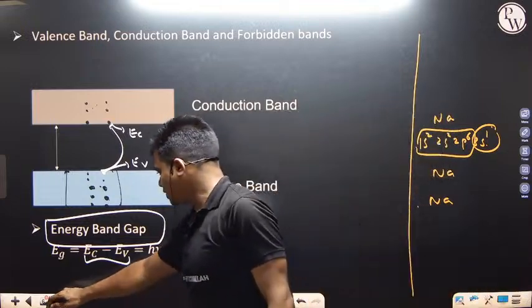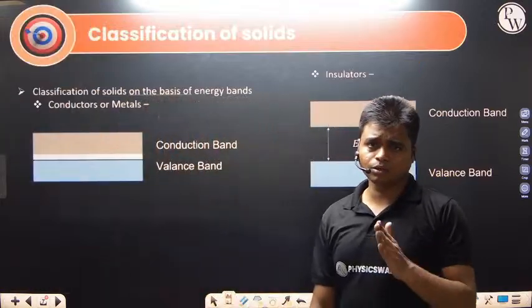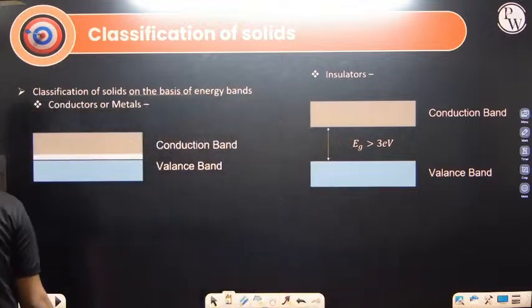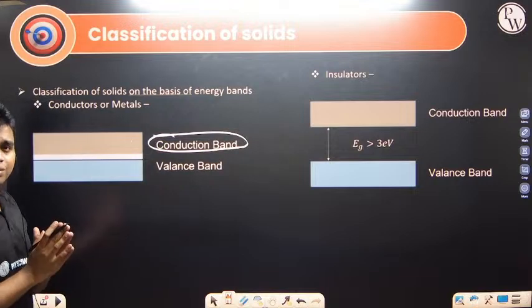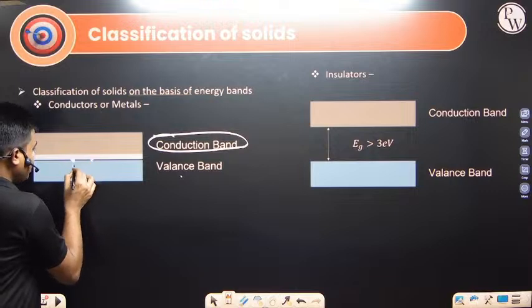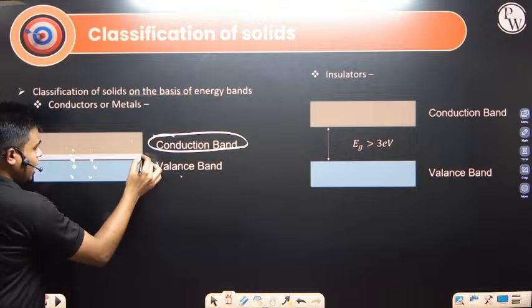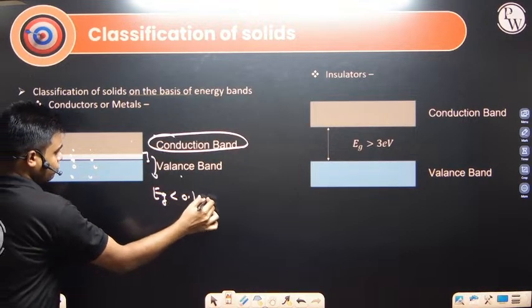We are first discussing the case of metals or conductors. Metals are good conductors of electricity. We can see that the conduction band, which is responsible for conduction of electricity, and the valence band are almost overlapping each other. Either they overlap each other or they have a band energy gap of less than 0.1 electron volt.